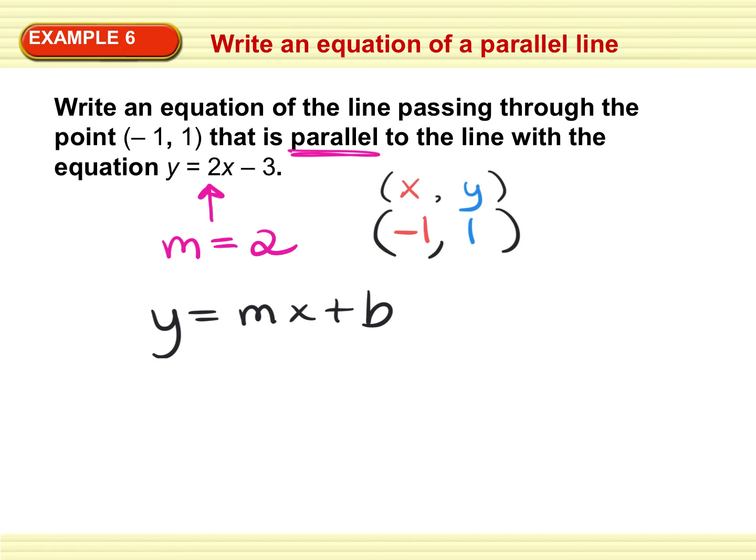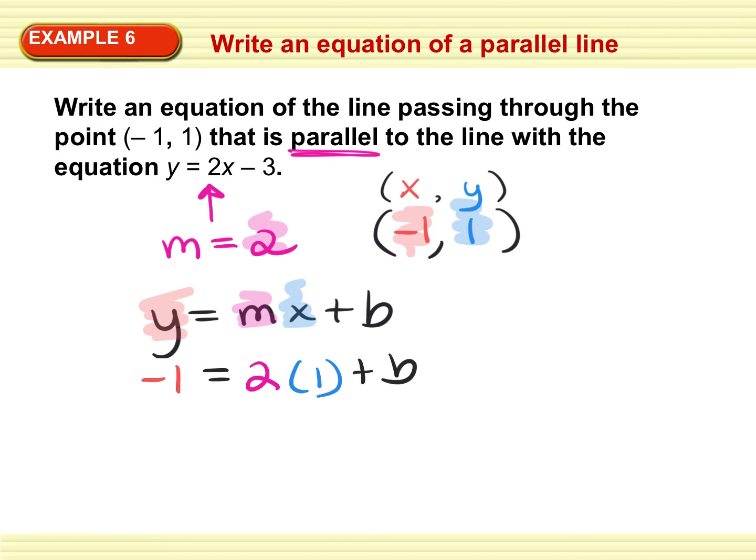I'm going to replace the y with the negative 1, and then I'm going to replace the x with the positive 1. And I'm solving for the b. So the y was negative 1, my m was 2, my x was 1, and I don't know the b. That's what I'm solving for.